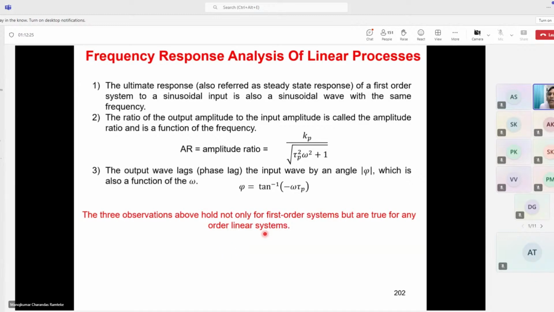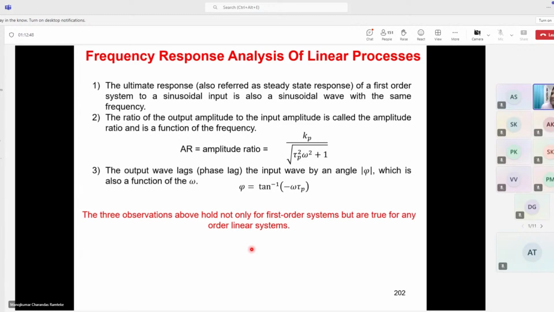Now these three observations are not only true for first order systems but also for any linear system, of any order. You can see that similar results you are going to get, and we are going to prove this generalization. So we have seen the analysis of sinusoidal input to the first order process.